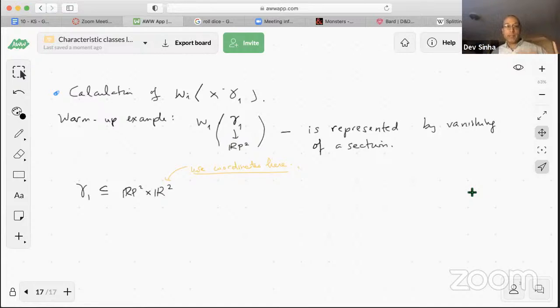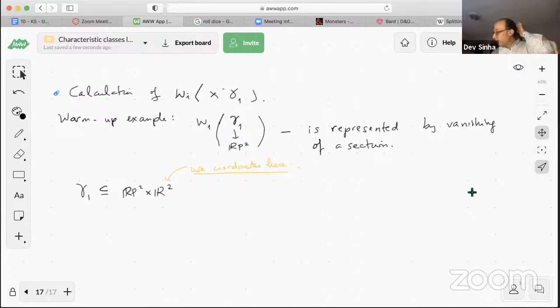But if you have something embedded in an ambient bundle, our Schubert cells, for example, were defined by how the n-dimensional subspace of R capital N or Rm intersected various things. So that was using the coordinates in that trivial bundle.